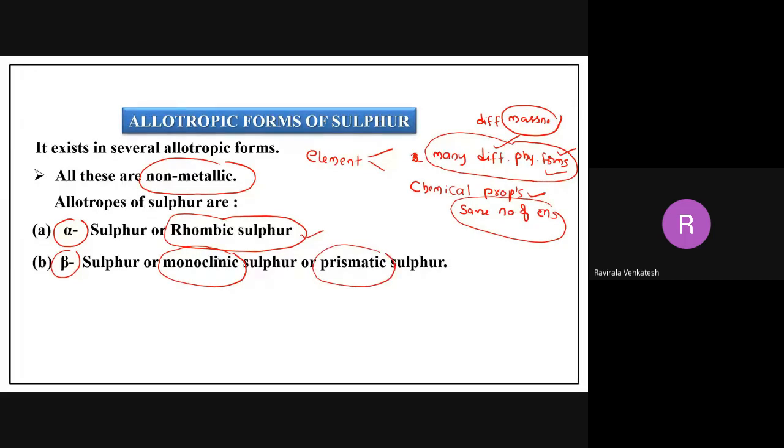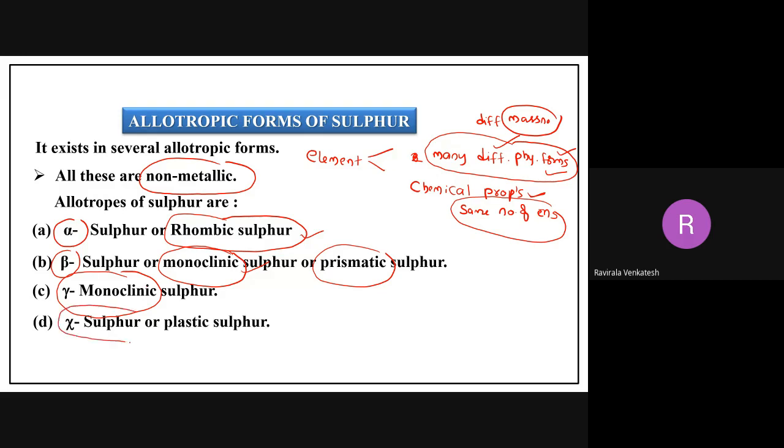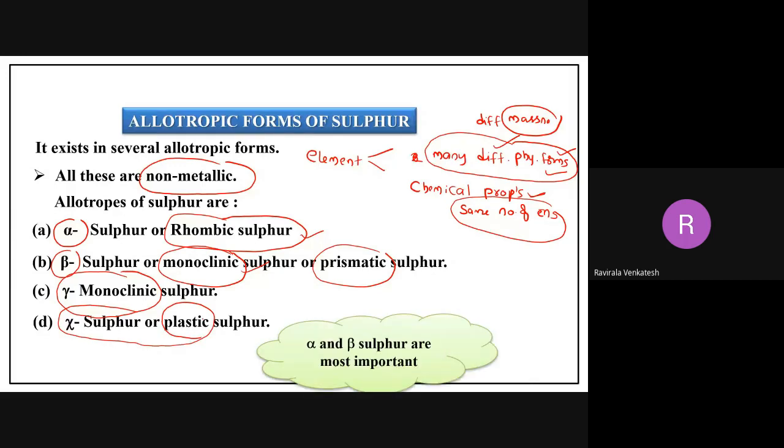Generally we use the name monoclinic sulfur. Next, one more is called gamma monoclinic sulfur. Next one, X sulfur, or plastic sulfur, we can also call this one.